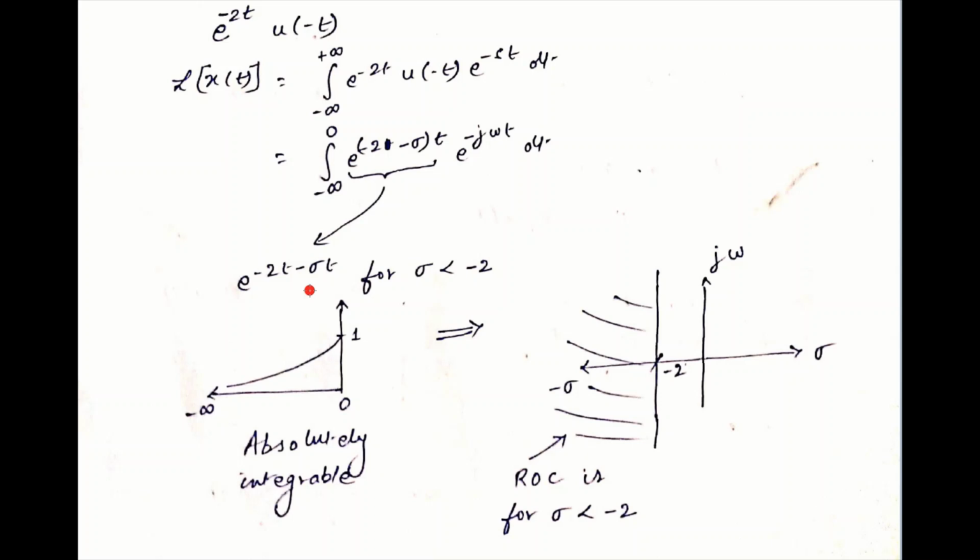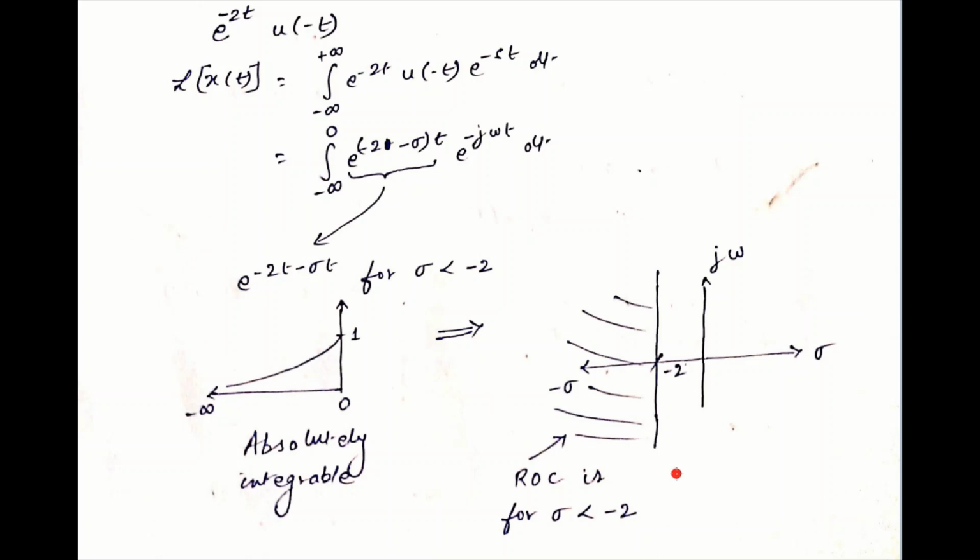But since the time limit is on the negative side, if we draw e raised to the power t where time is negative, as t tends to minus infinity the function becomes e raised to the power minus infinity, and the value becomes 0. So we can say this overall function is absolutely integrable in the time limit from 0 to minus infinity, so the transform of this function does exist.